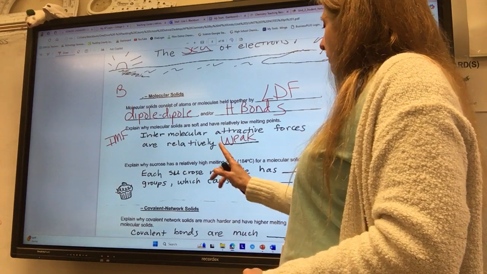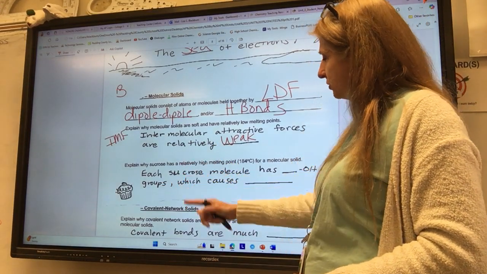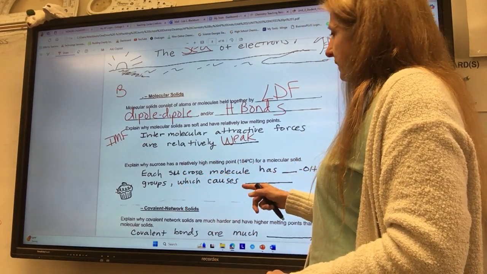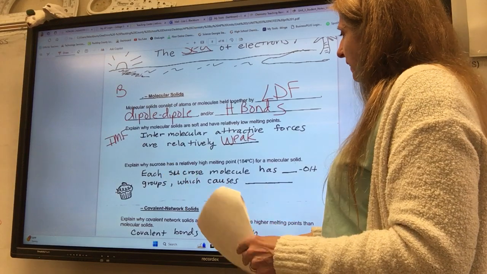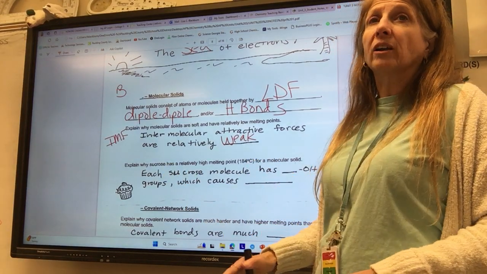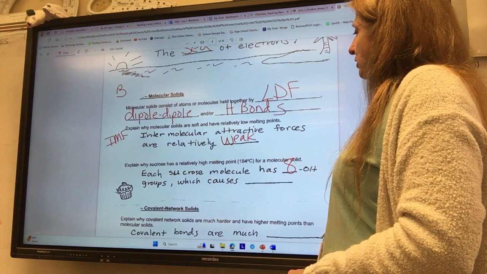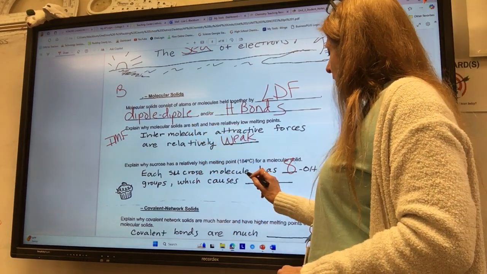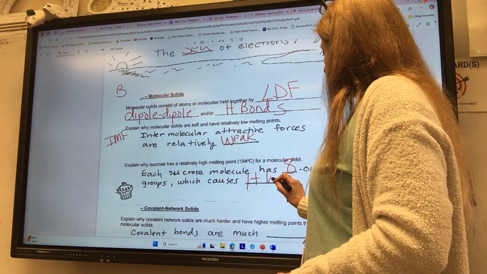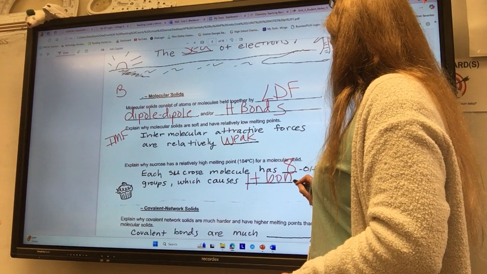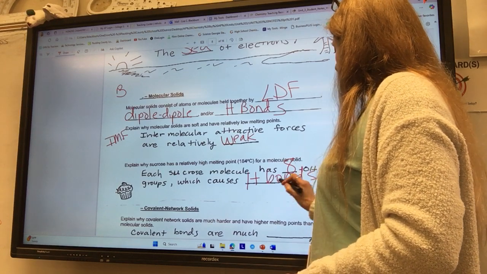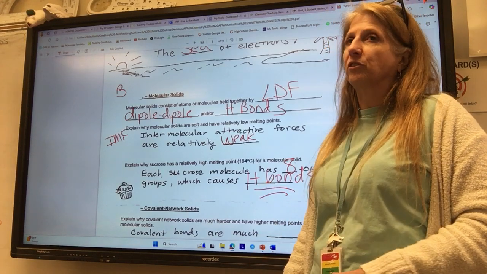Okay? And it's because of this. Sugar, sucrose, is C6H12O6. So it's got all those oxygens, and each sucrose has 8 OHs on it, which causes 8 hydrogen bonds. And of the IMFs, remember the strong one is the hydrogen bonds.